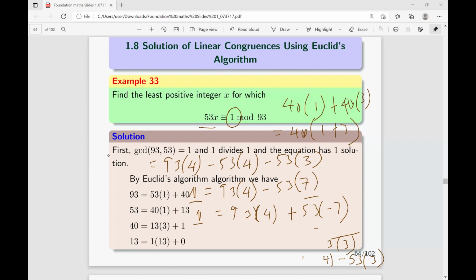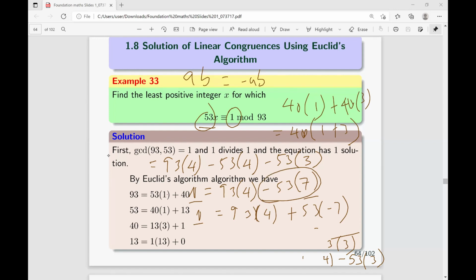Because why I'm doing that is that 53 did not have a minus. So what I know is that if A is positive, and I'm multiplying A times B to get minus AB, then B is the one that has a minus. Is that okay? So our 53 here is positive, but what we are getting here is negative 53 times 7.